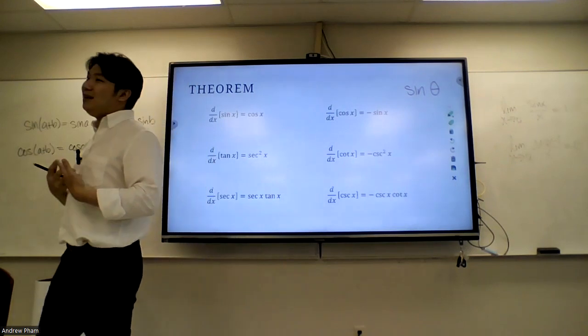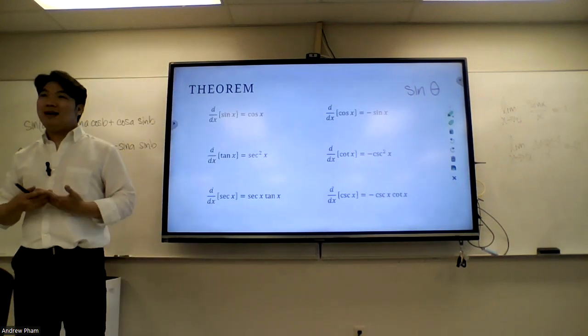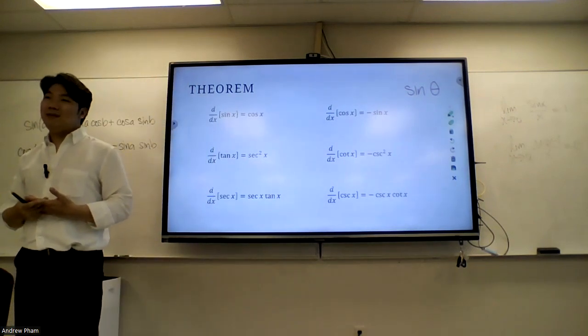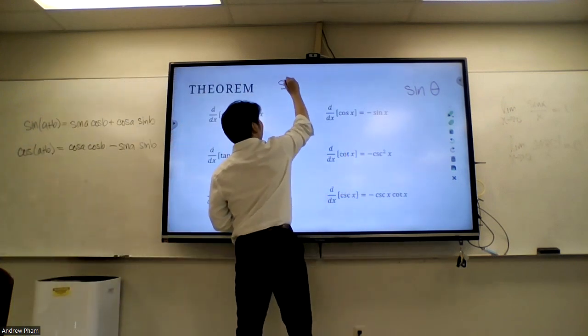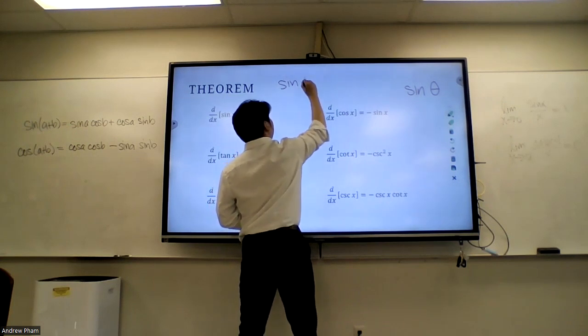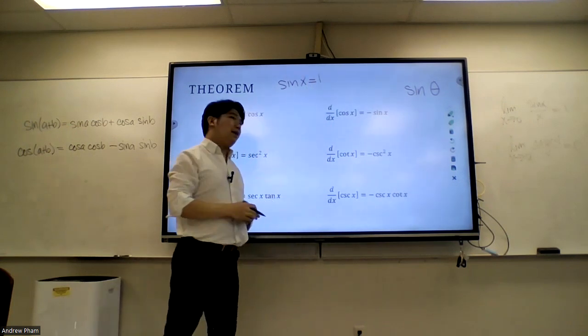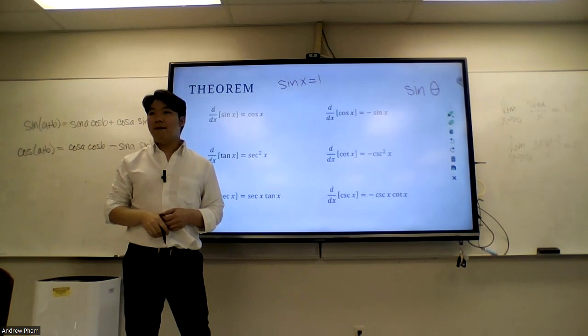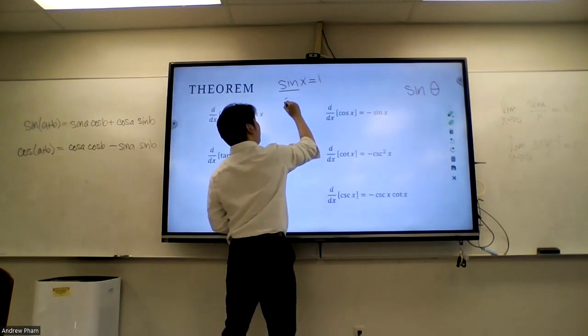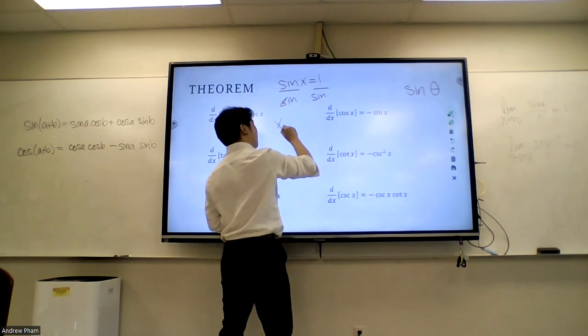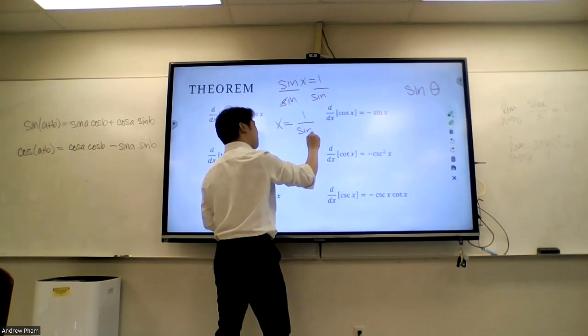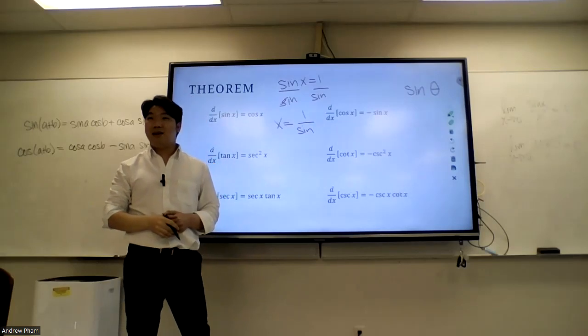The reason that I wanted to mention this is that every semester, sometimes a student will get to this point, and then what they try to do to solve for x is they write this. That's not something we can do.